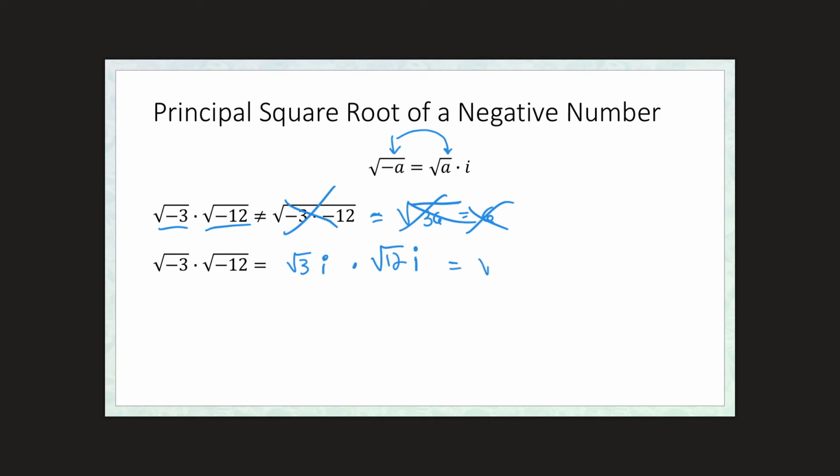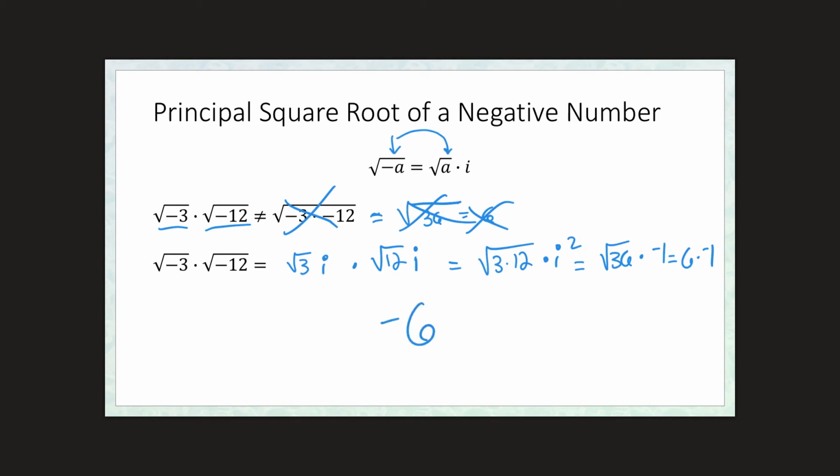So this will be the square root of 3 times 12 times i squared. And 3 times 12 is 36. So it's the square root of 36 times i squared, which is negative 1. That's the same thing as saying 6 times negative 1, because the square root of 36 is 6, and 6 times negative 1 is negative 6.